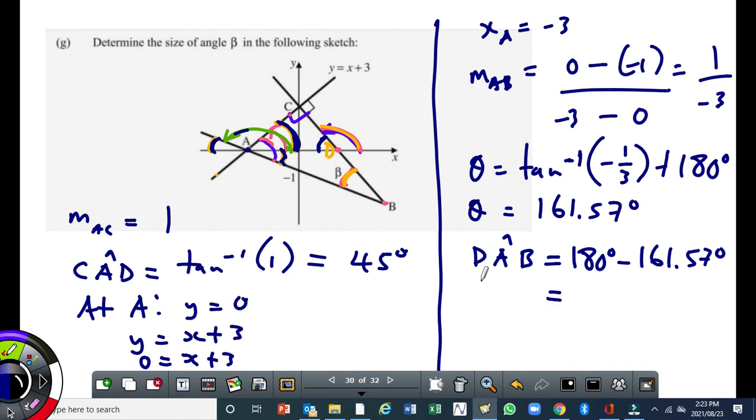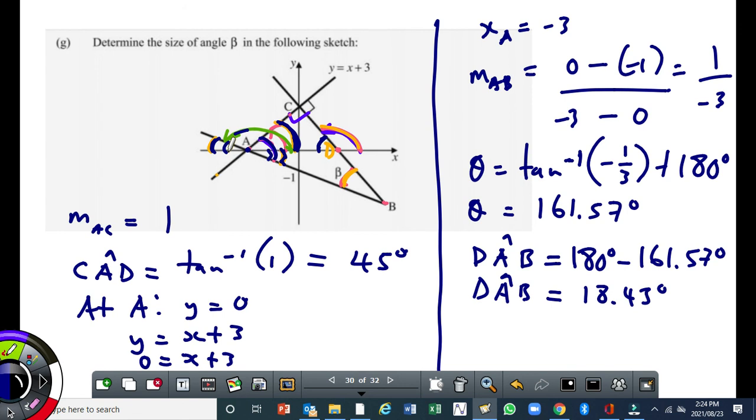And the answer there is going to be DAB equal to 18.43 degrees. The reason for this is because this small angle here is vertical opposite to that. They are vertical opposite. That's why we got that.